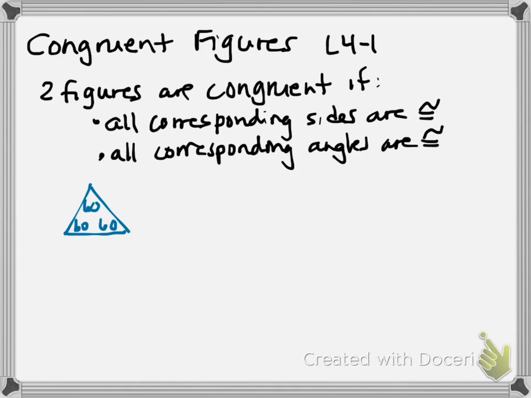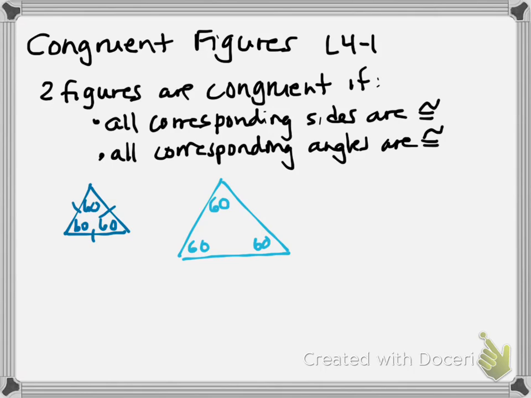And then what is this one? I have another equiangular triangle. Now, if the angles all match up, what else matches up? The sides. So on the first one, all these sides are congruent.